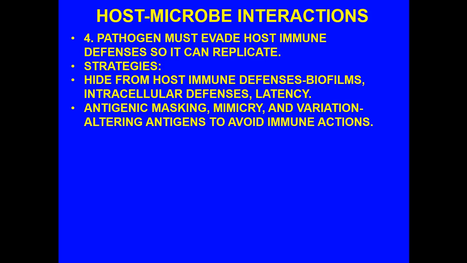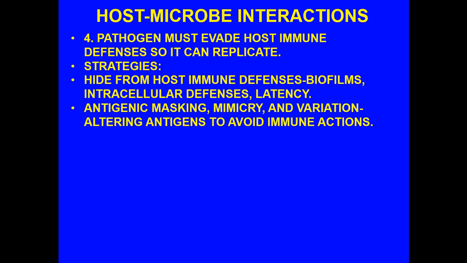Others are by intracellular defenses. They may actually get captured, phagocytized, but then be able to escape from the macrophage. Or they may actually destroy the macrophage in the process from the inside out.